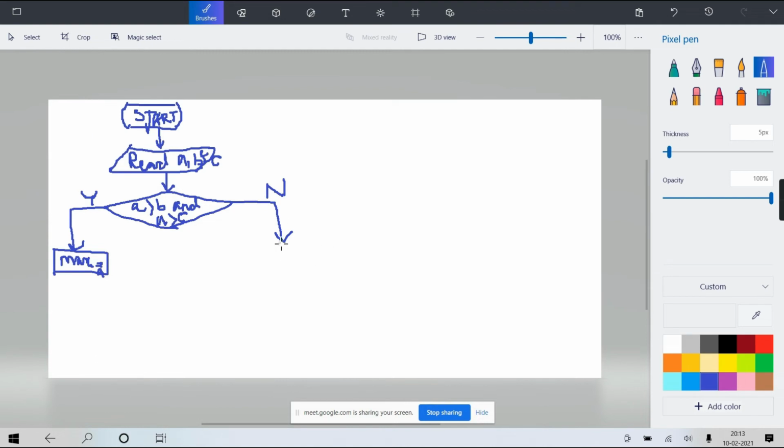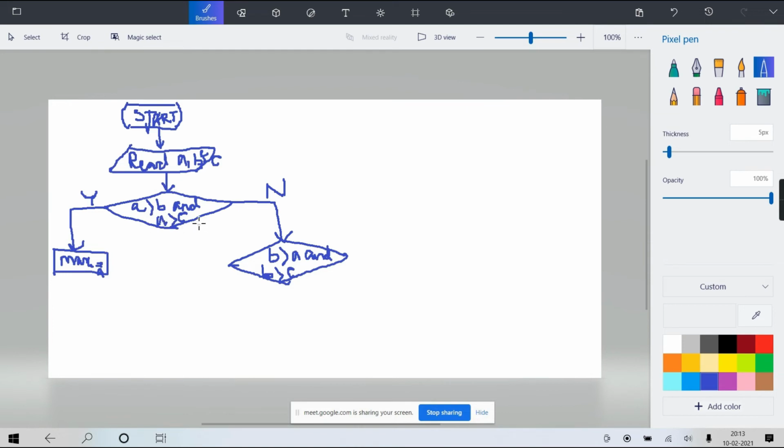And if it is no, you will check again 2 possibilities. Okay, you'll check B greater than A and B greater than C. You're checking A greater than B, A greater than C. If A is greater than both, A is maximum.